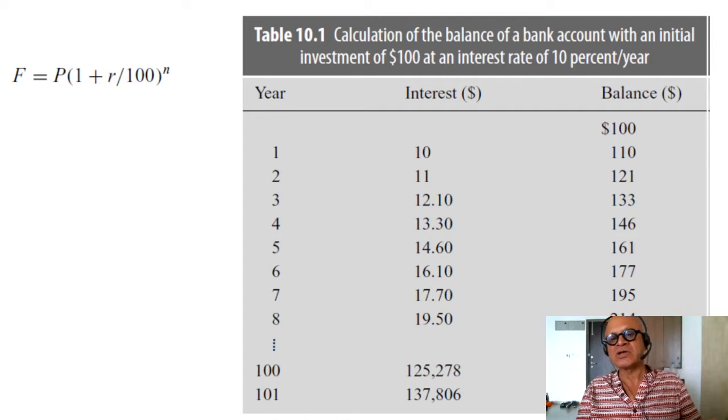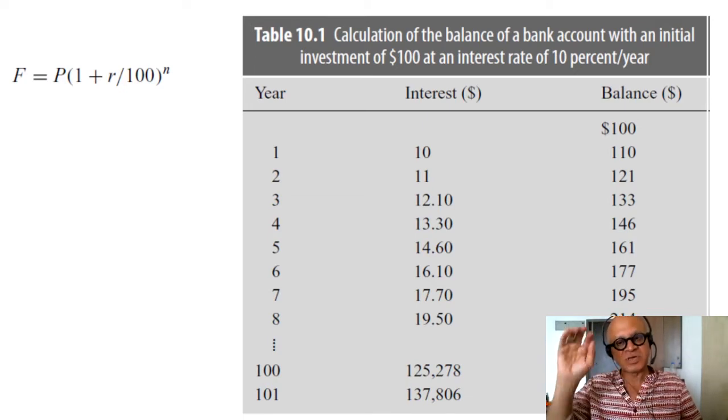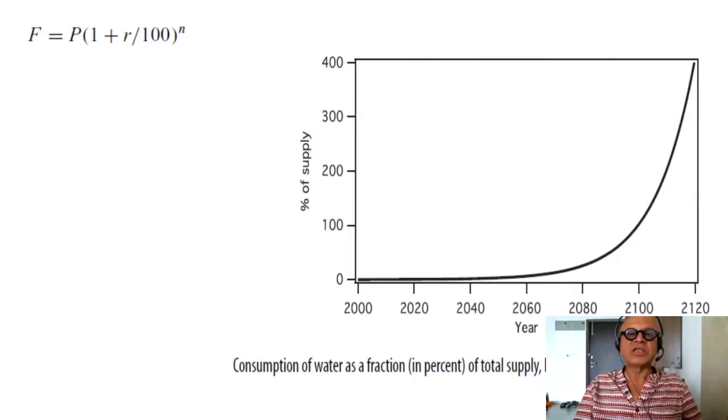So you are going here from a balance of $214 in year 8 to whatever it is after that. But you can see here, year 100 it's 1.38 million, and in year 101 it's 1.52 million. So it begins to grow exponentially at the end, and this is how it looks.